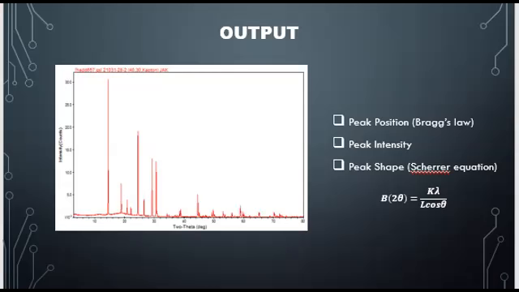Also, XRD takes into account the width and the shape of the diffraction peaks by using the Scherrer equation. This relates the peak width and the crystal size.